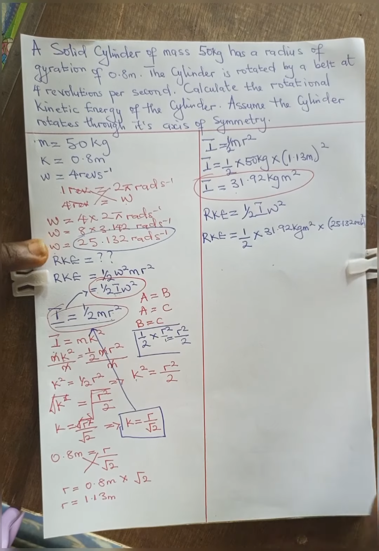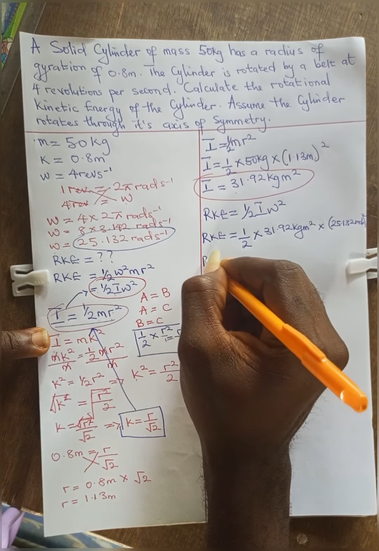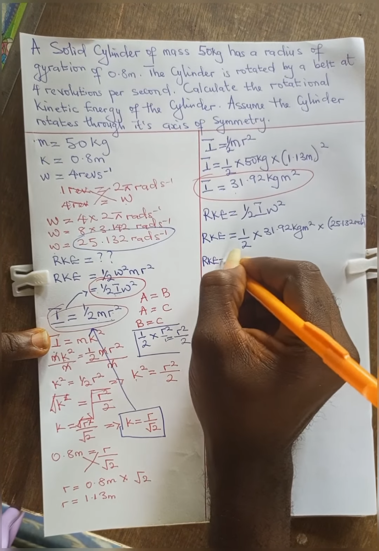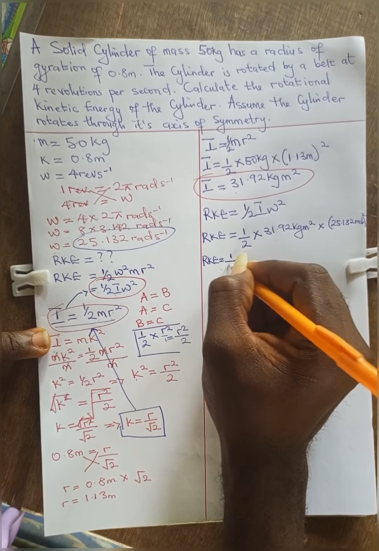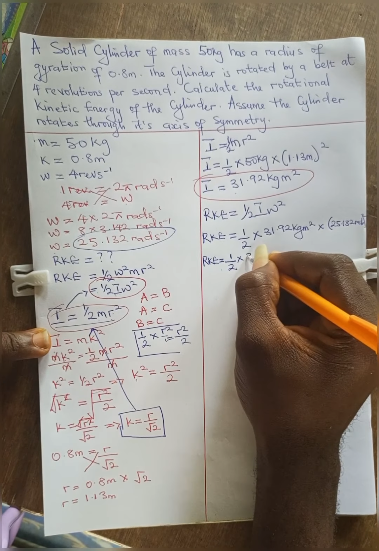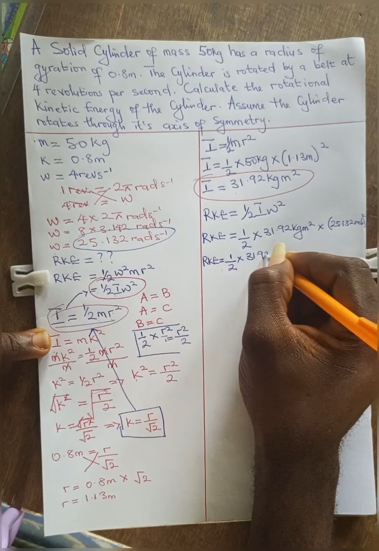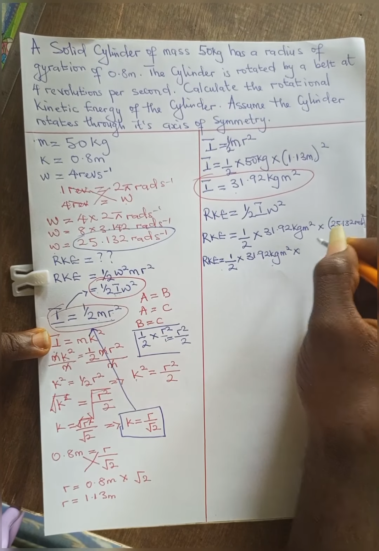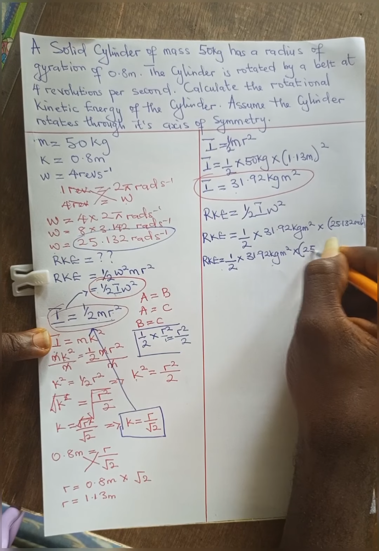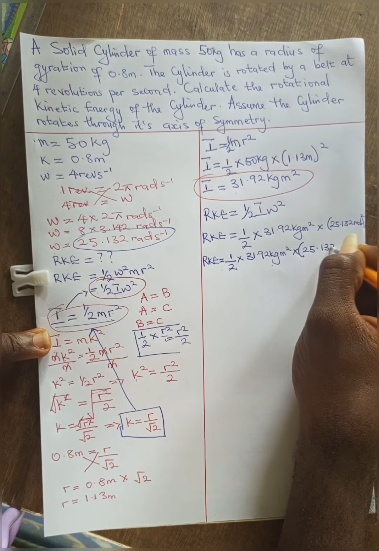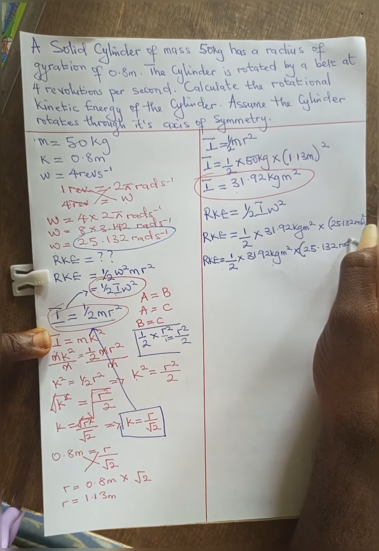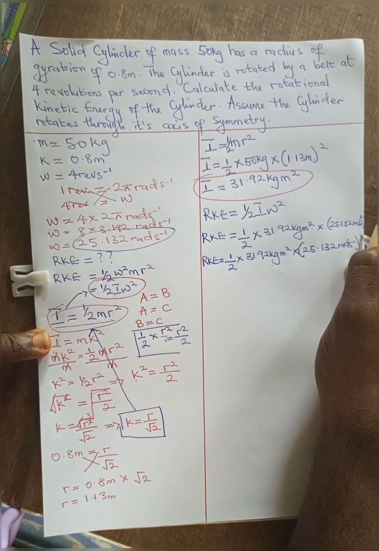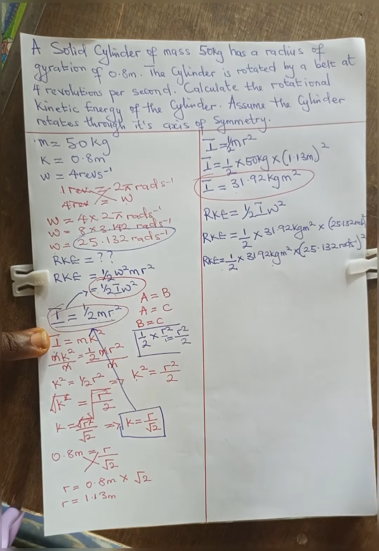Then we square everything. Let me rewrite it, make I write am for here. So this equals to 1/2 multiplied by 31.92 kilogram meter square multiplied by 25.132 rad per second, then all squared, because the omega dey squared.